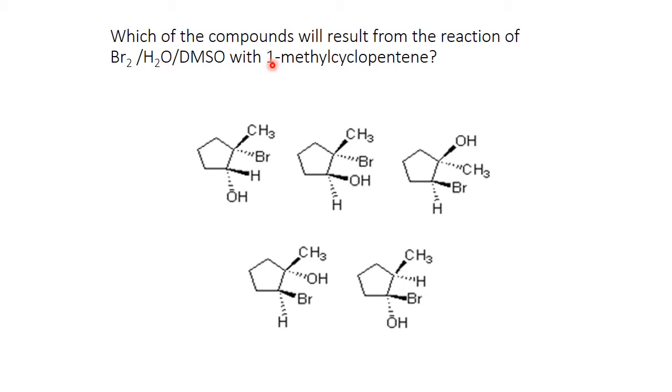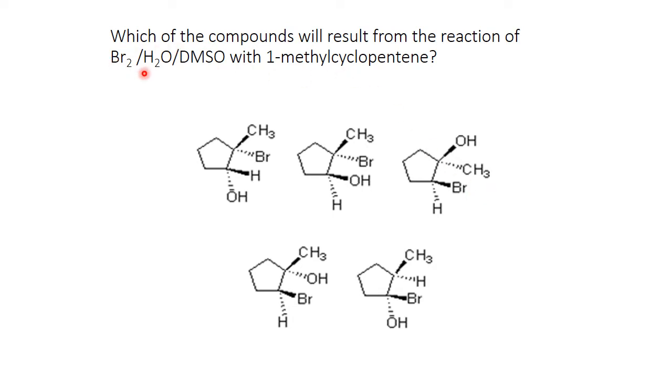If I look, for 1-methylcyclopentene, all of these have a methyl group and a cyclopentane ring. The rest of the molecule has to be a bromine and a hydroxyl group. So now I just have to go and look at each of these to see which one has the bromine and hydroxyl group added appropriately.